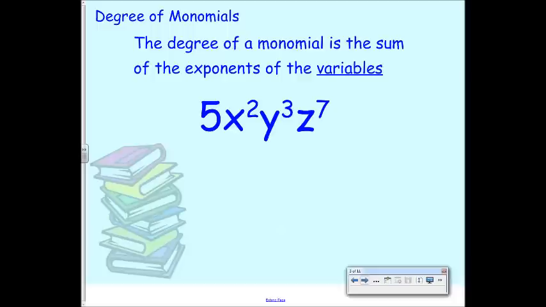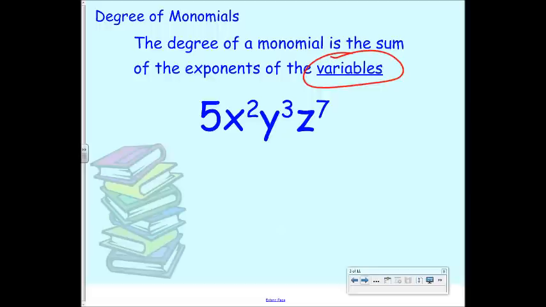So the degree of a monomial is just basically assigning it a number that tells you how many exponents you're talking about here. The degree of the monomial is the sum of the exponents of the variables. Essentially, the degree is telling you how many variables we are talking about.